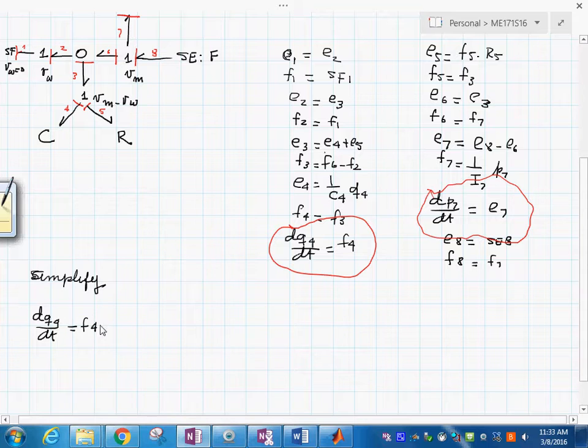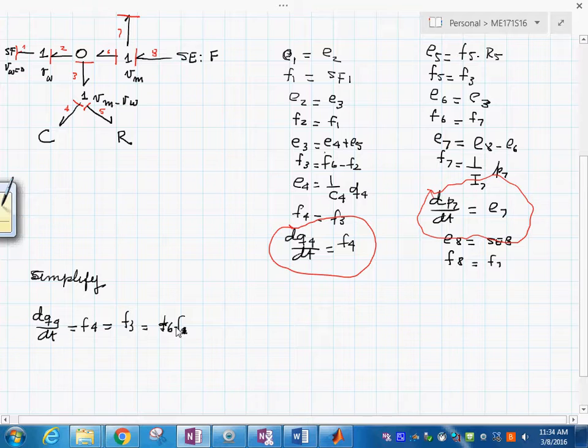Let's do this right so that we can read it really well. So f sub 6 minus f sub 2. And then what's f sub 6? It is f sub 7. And what's f sub 2? F sub 1. And then what is f7?